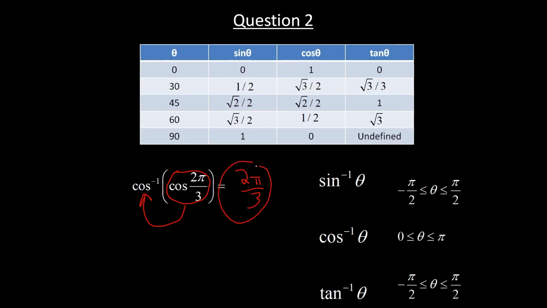And if this argument is within the domain restriction, then that's our answer. We don't need to go to reference angles. And 2 pi over 3 is within the domain restriction. And 2 pi over 3 is the answer.